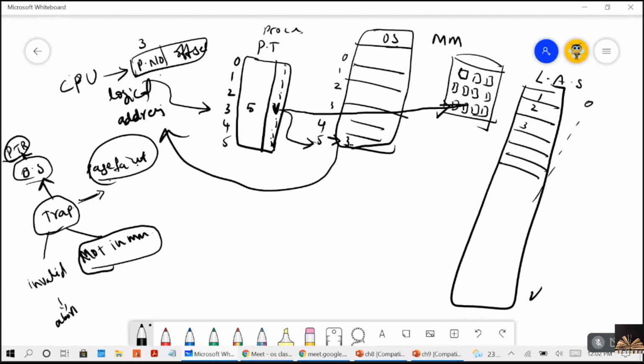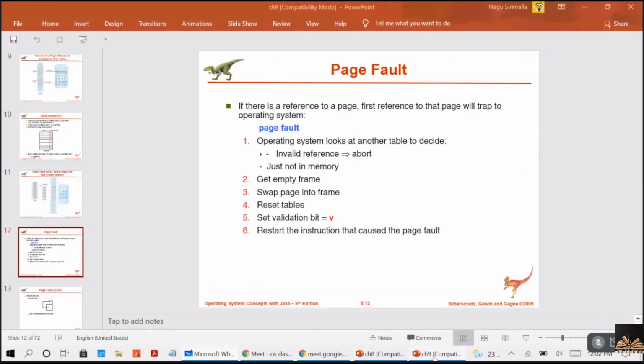Page fault occur అయినప్పుడు ఏం చేయాలి? That page has to be loaded into the main memory, right? You have to bring it from the disk to main memory. So OS looks at another table to decide whether it is an invalid reference or just not in the main memory. Abort chestadi, right?